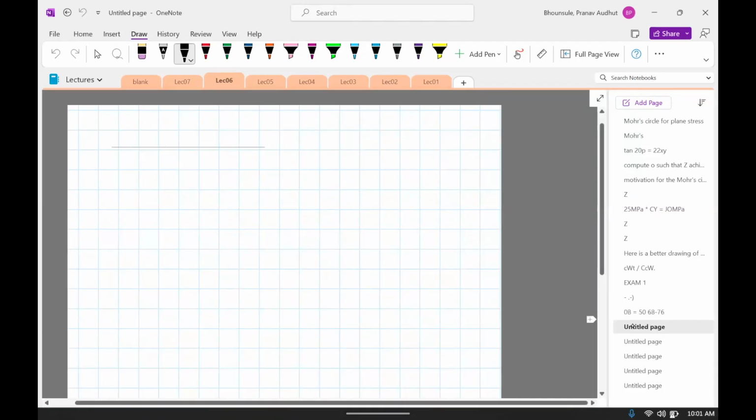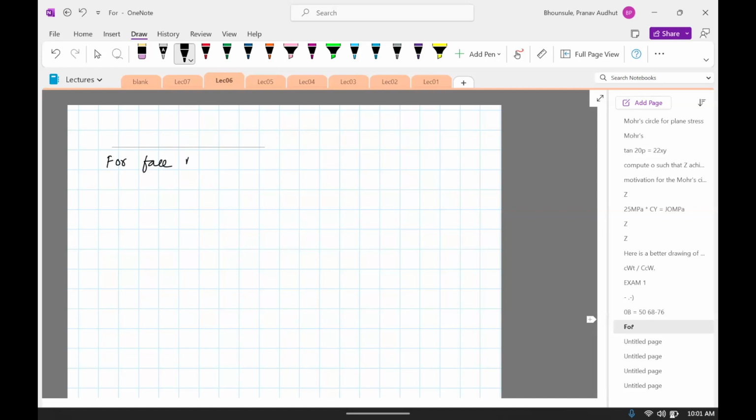So here I'll write, for face B or B prime, B prime is at 90 degrees to face A prime. So the new theta here is 90 minus 30, which is 60 degrees.